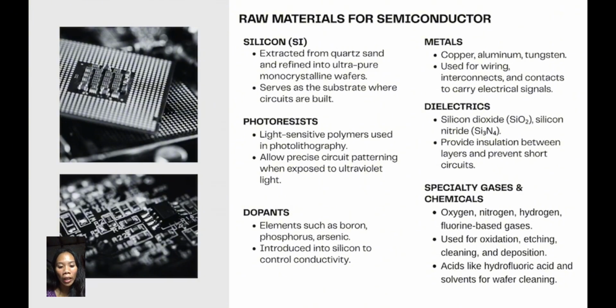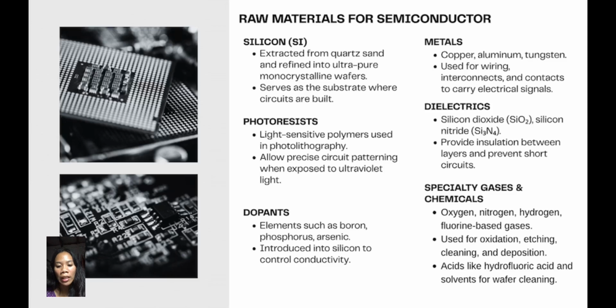Next is dopant. Elements such as boron, phosphorus, arsenic are introduced into silicon to control conductivity. Next is metal. Copper, aluminum, tungsten are used for wiring, interconnects, and contacts to carry electrical signals. Dielectric.